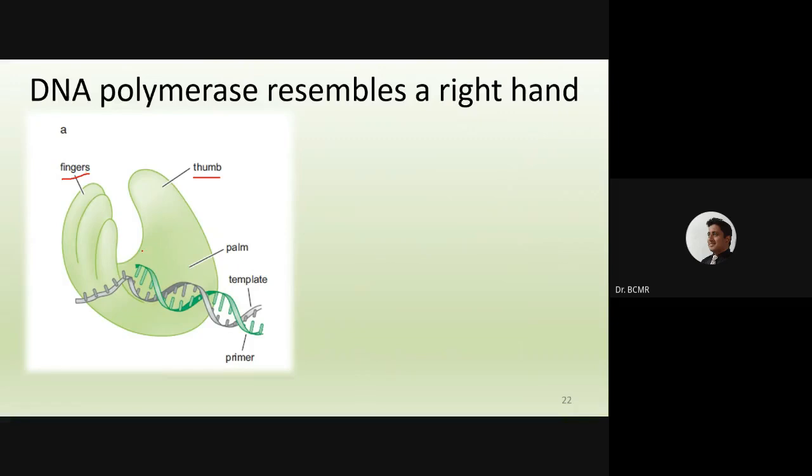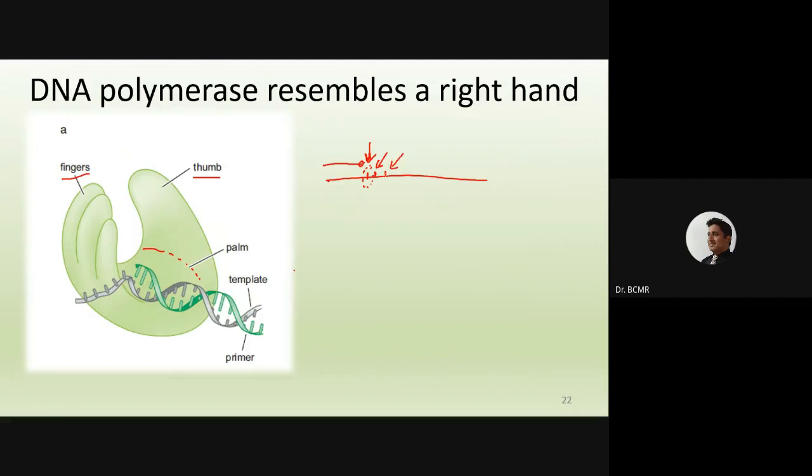The palm region is where the DNA is. There is also one more question. If you have a primer and template, and here you have one base, a second, a third, and so on, how does it know that opposite to this is where we should add a base? Why not add a base here or here?